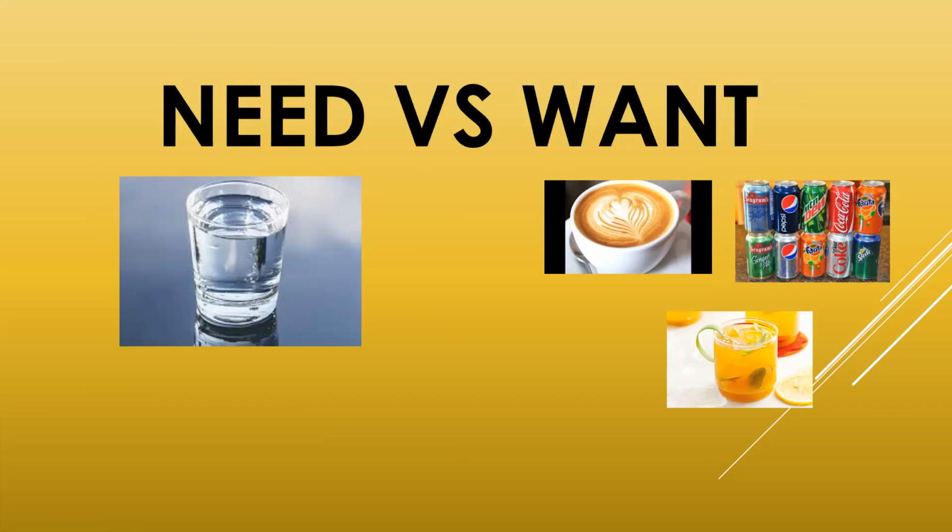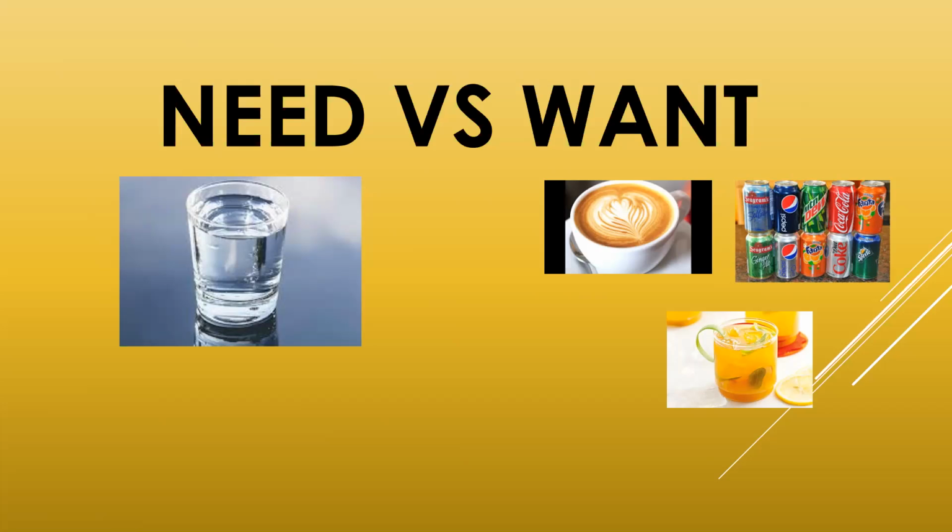We now need to understand the difference between needs and wants. If you notice, there is a glass of water in one of these pictures. This glass of water is our need. We need it for our survival. We can't do without a glass of water.